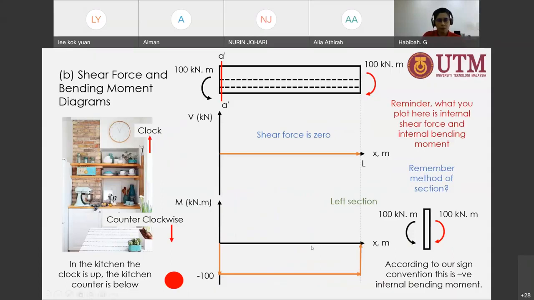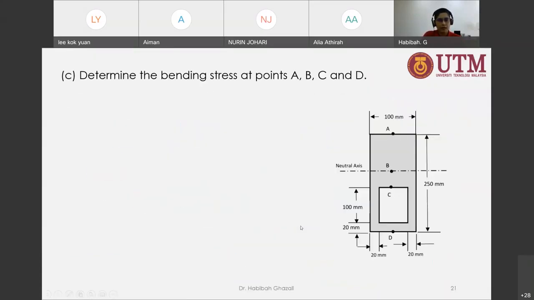Now let's move on to part C of this question. Part C asks you to determine the bending stress at points A, B, C, and D. So there is A, B, C, and D here. As we have derived, when we want to determine the bending stress at any point, we can use the flexure formula.